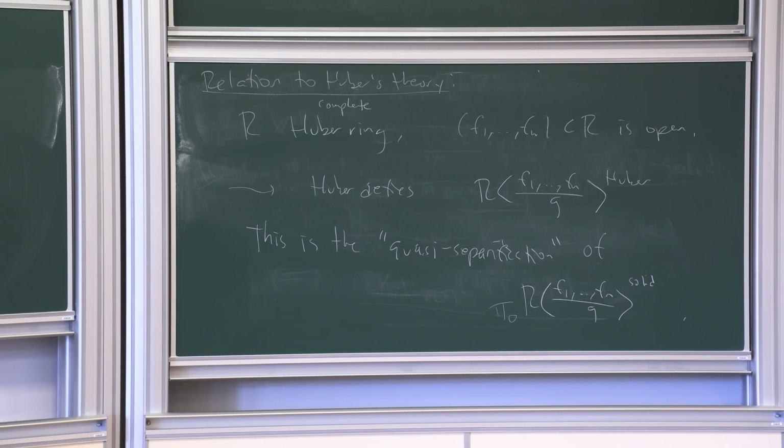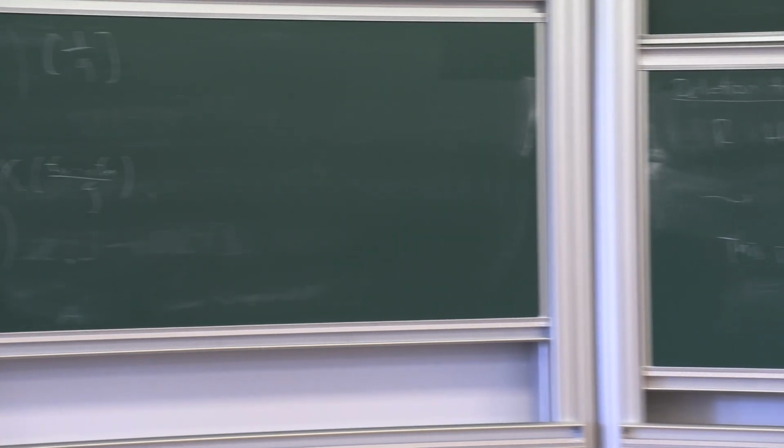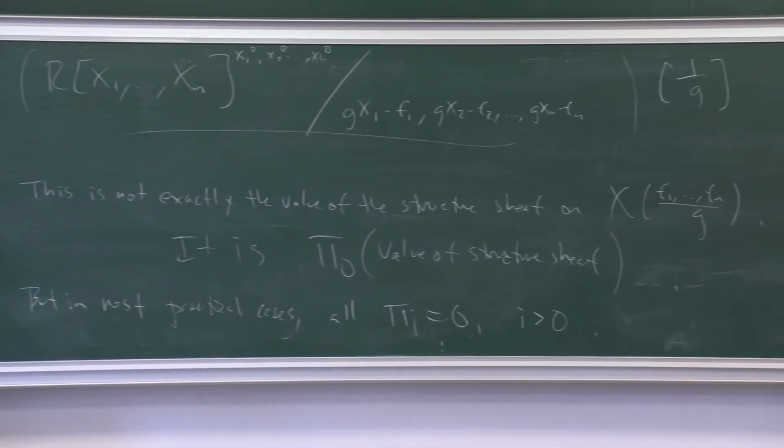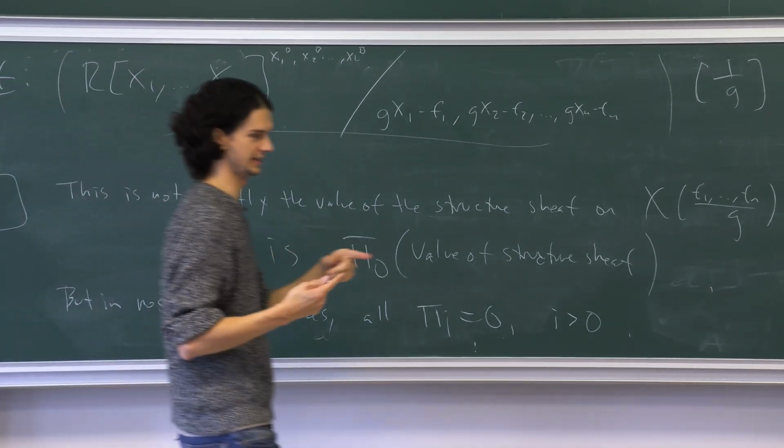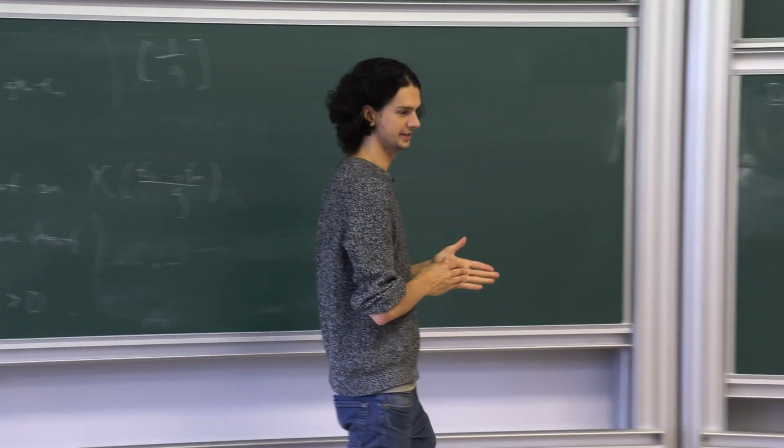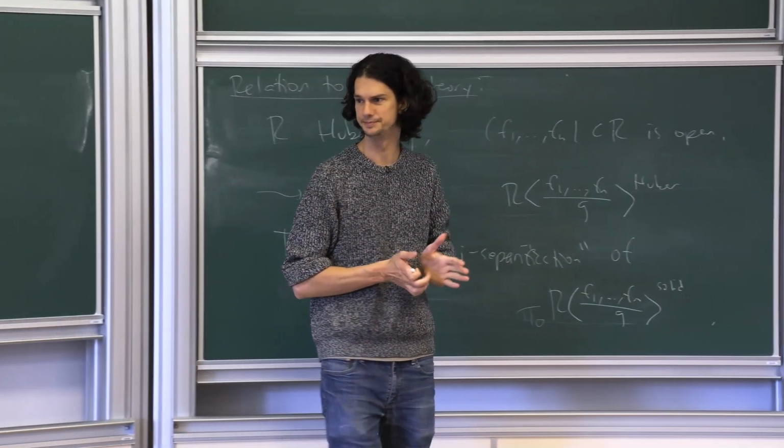So you can get the Huber thing functorially from this more general thing, and in particular from our structure sheaf, but they're not necessarily equal in general, though in all practical cases they are equal. That's the general outline of the story.